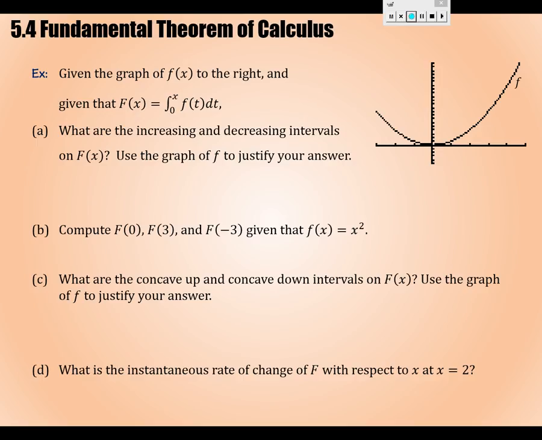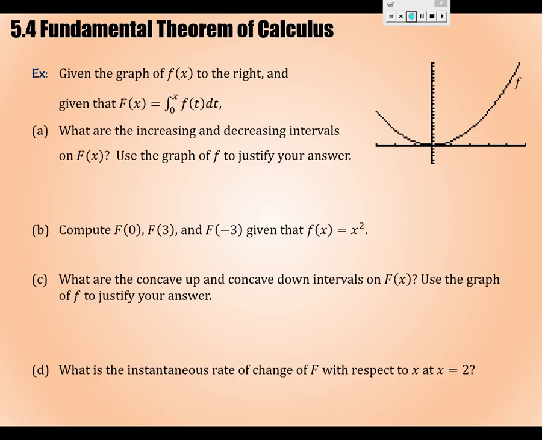What are the increasing and decreasing intervals for big F? Now big F is an accumulation function starting at the constant 0. And if we're at 1, then we get some positive value. What do you think? Where does it increase or decrease? Can you get a feel for that?